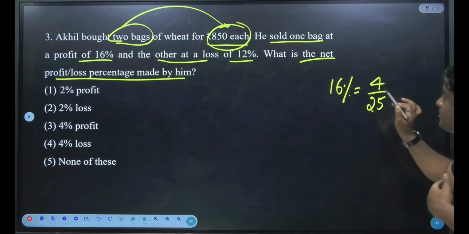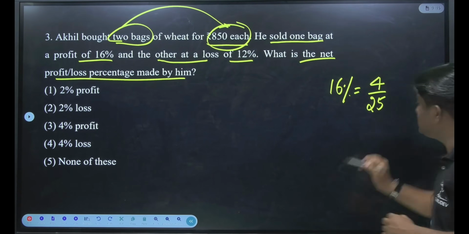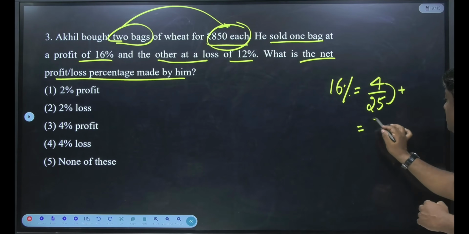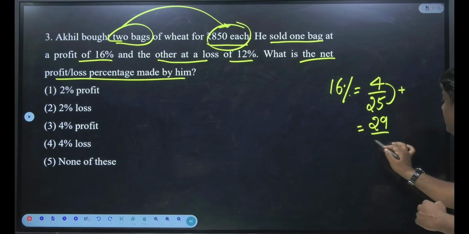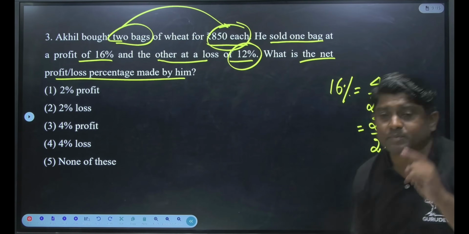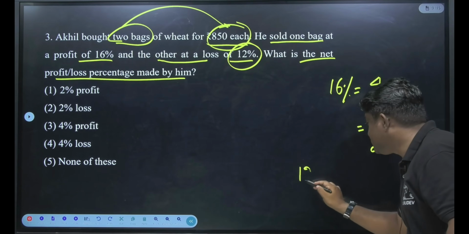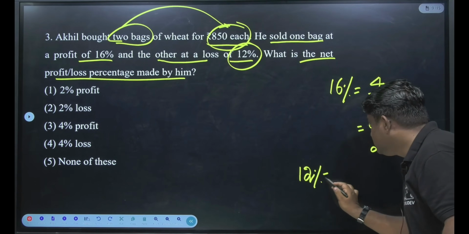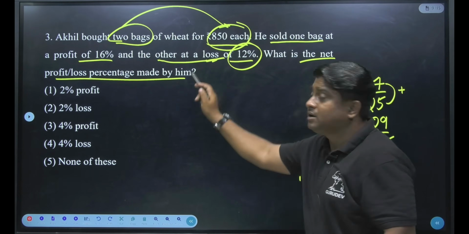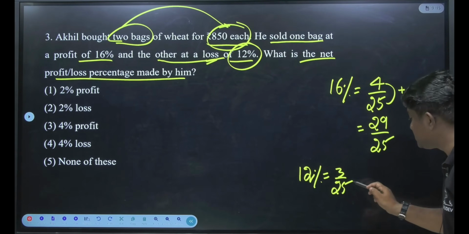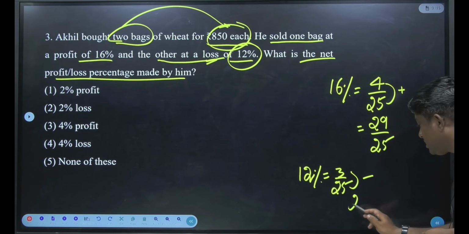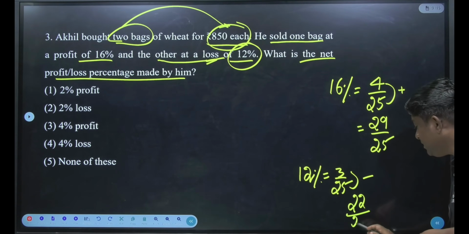Always remember, whenever you say profit, you just add this and write it. That will be 29 by 25. The next percentage he has given is 12%. 12% as a fraction is nothing but 3 by 25. Now he has said it as loss. Whenever you say loss, you should subtract this. If you subtract this, it will become 22 by 25.